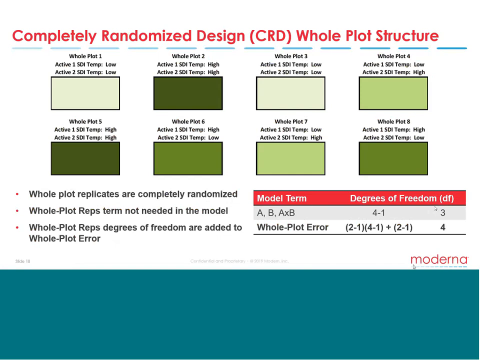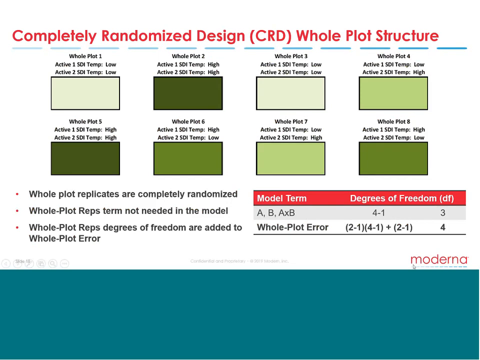So this is just backtracking to the beginning where we were creating the whole plots for this type of design. We could have actually assigned the levels for the two drying temperatures a little bit differently. We could have done it in a completely randomized way, where every combination had an equal chance of being in any whole plot. So in this particular example, you could have had whole plot 1 and whole plot 3 be at the low level, or in this example, whole plot 6 and whole plot 8 are at the high-low level.